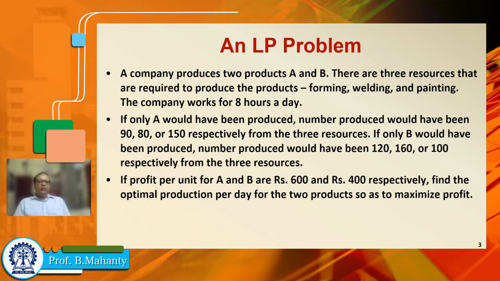And the same for the other ratios, that is, x1 by 80 plus x2 by 160 should be less than or equal to 1, and x1 by 150 plus x2 by 100 should be less than or equal to 1.